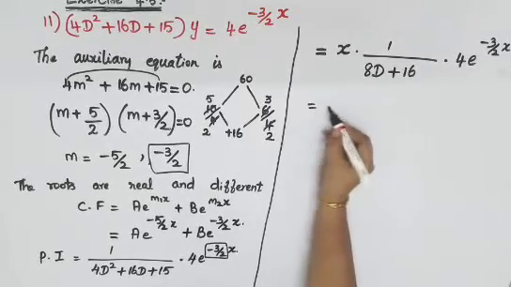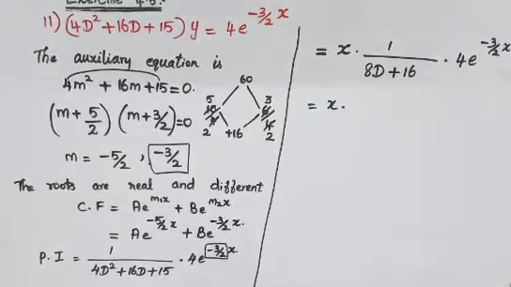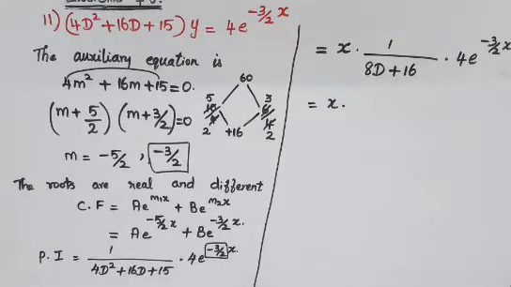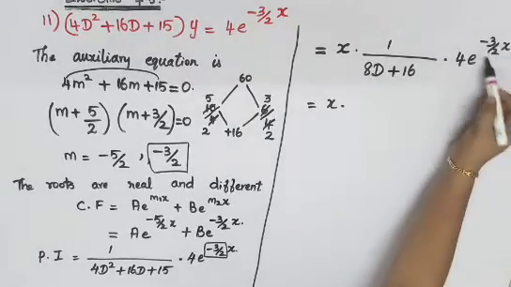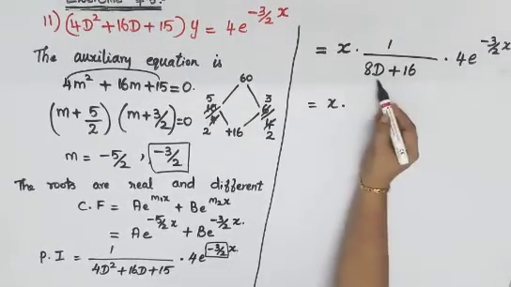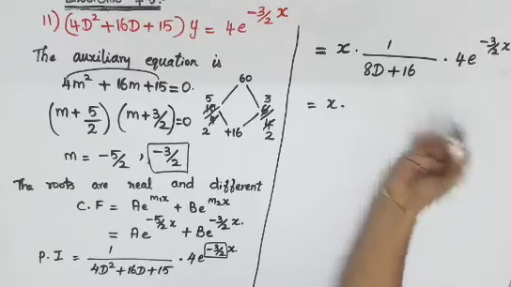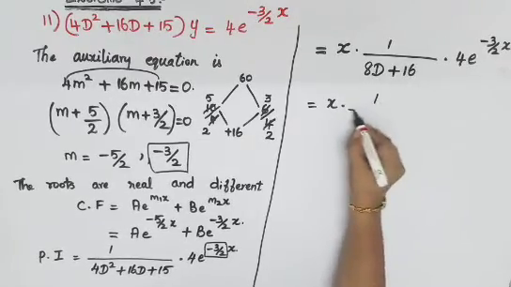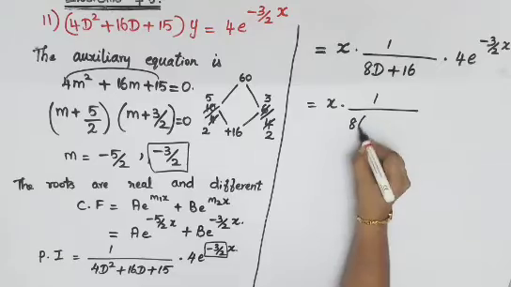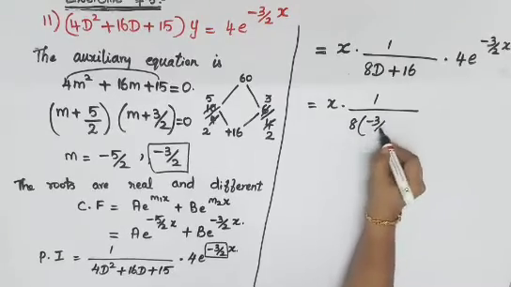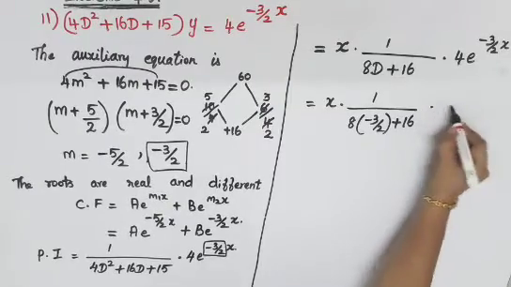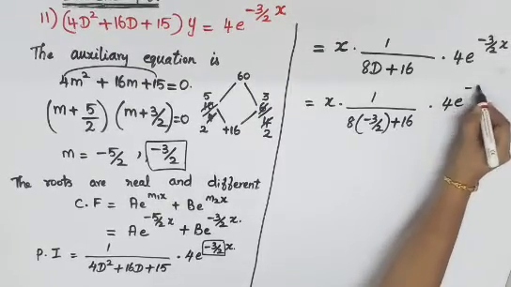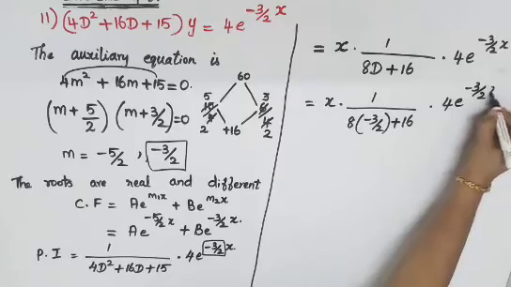So which is equal to x into, the next step is you will have to substitute the coefficient of x for D. Here the coefficient of x is -3/2, so in the place of D you substitute -3/2. So you will get 1 divided by (8 into -3/2 plus 16), into 4e^(-3/2 x).